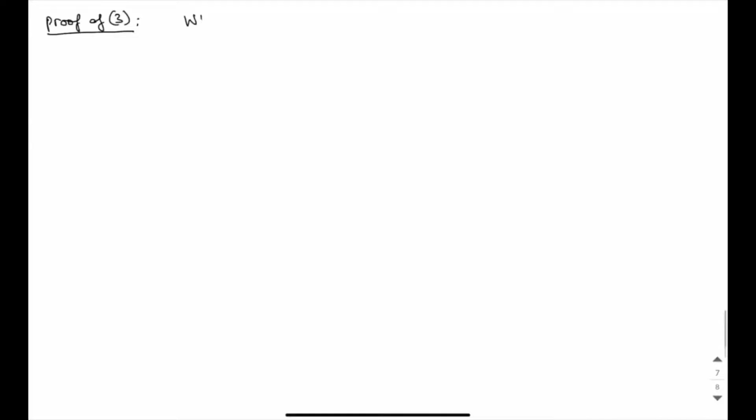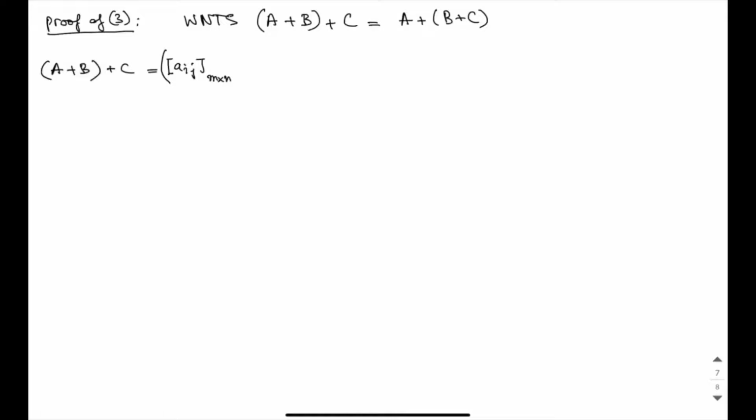So we need to show that A plus B, then plus C, is the same as A plus B plus C. We are going to start with the left hand side. So we use the notation Aij in the square brackets, m by n.